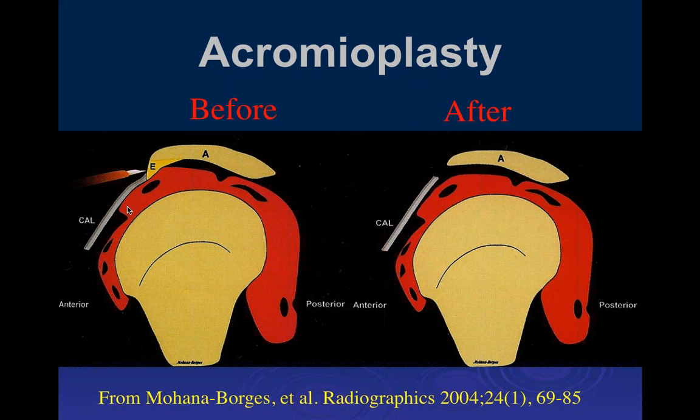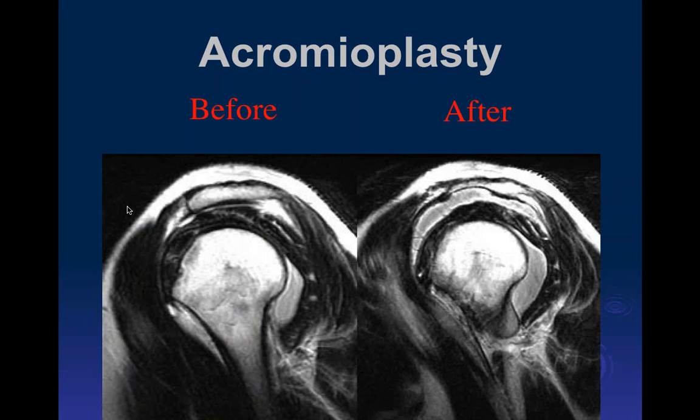I don't know how real that is. I've never seen it personally. Yep. But you don't try to shave that acromion too much, because you'll get fractures and you'll get all kinds of problems.